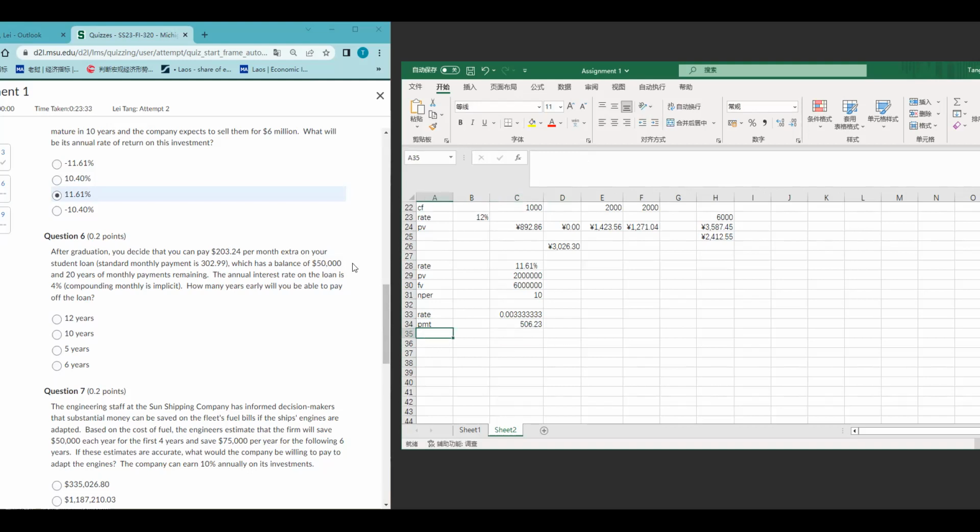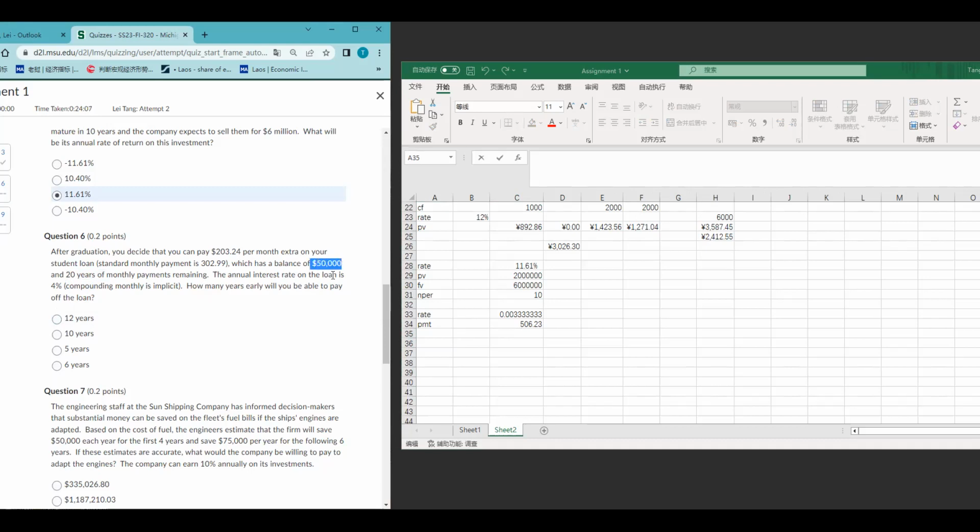And also what we know. We know the future value, right? No, this is not future value. What we want is the NPER, right? So the question is how many years earlier will you be able to pay off the loan? Right now this $50,000 was already given to us, right?